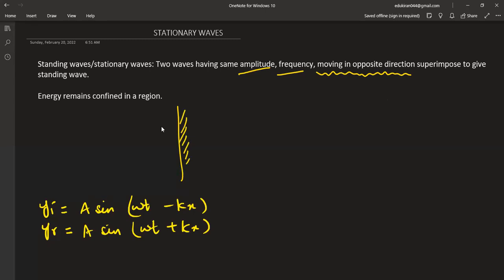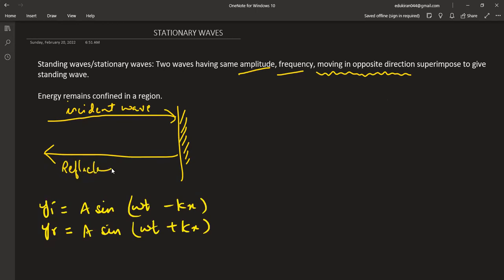See, firstly, if this is the incident wave, and this is the reflected wave, then if we take this direction as positive for the incident wave, the direction of the reflected wave will be negative.